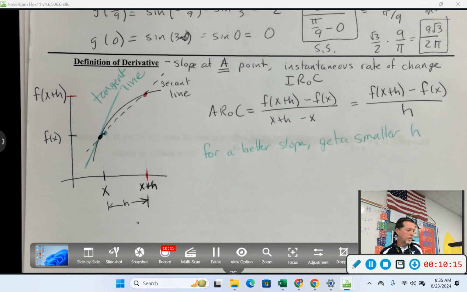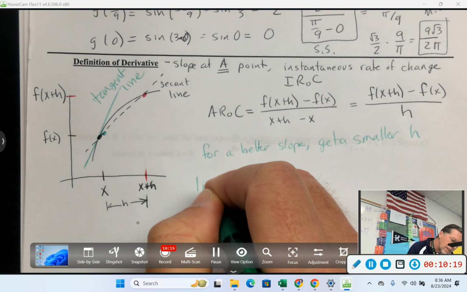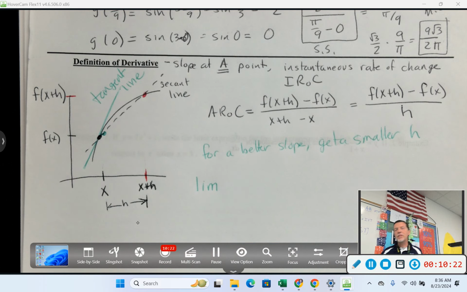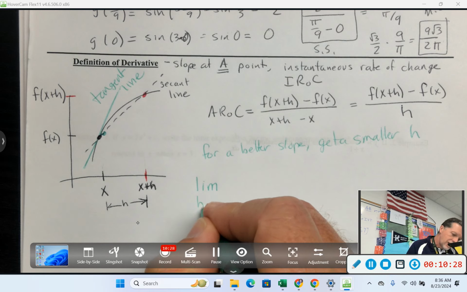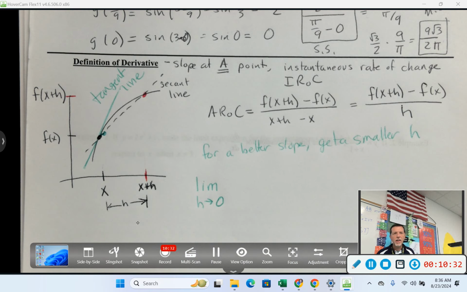So what we would like to do to get really close to there is take a limit. This is where we take what we learned last unit, the limit stuff, and we want the limit as h goes to 0. Then our secant line becomes our tangent line, and our average rate of change becomes the instantaneous rate of change.